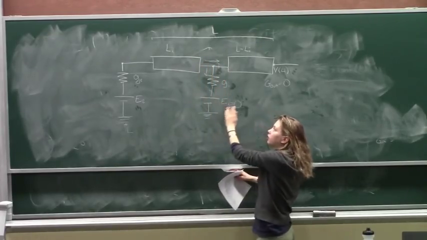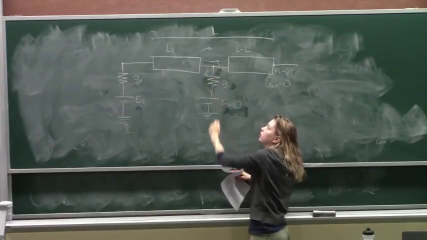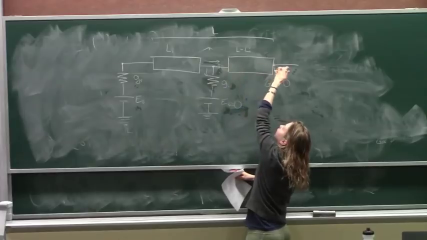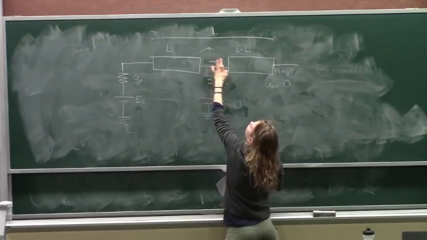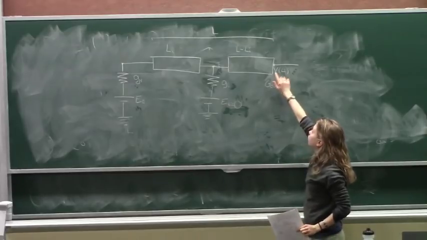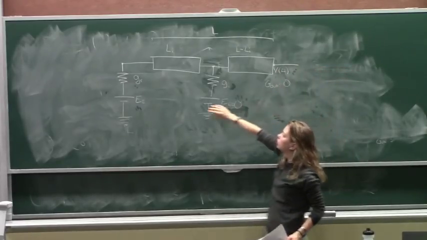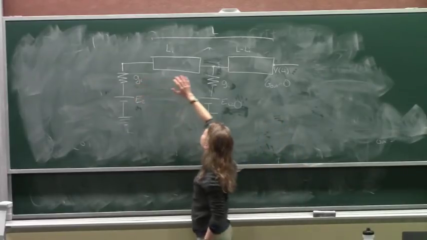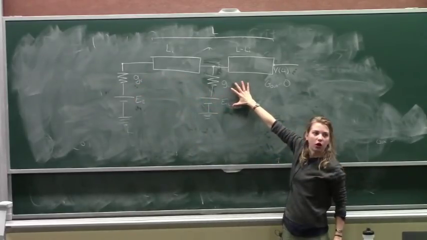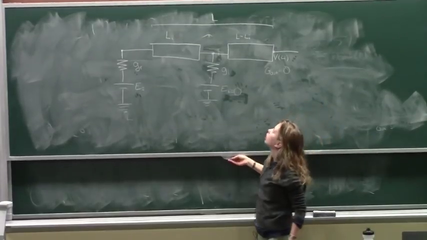EI is not generating any extra current, but this path is shunting current away from here. So this point, or somewhere further down, is going to reach excitation if this is on and this is not on. Does that make sense? That's the and not part.